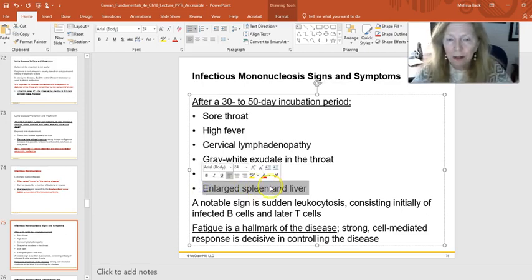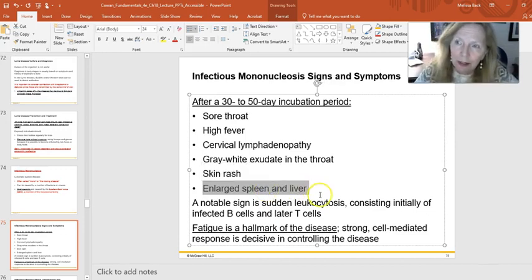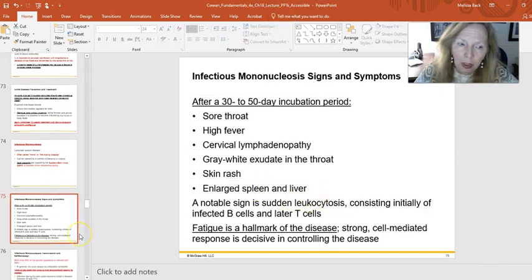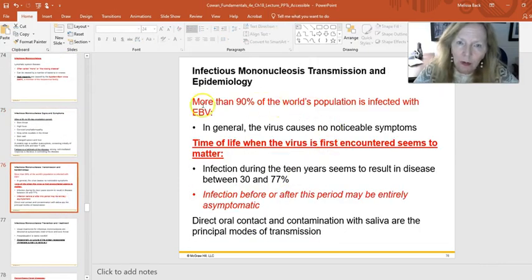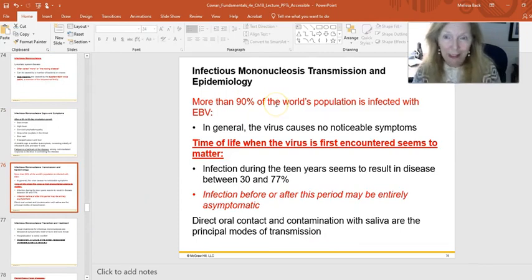You tell them to limit their physical activity, because if they had a fall, or if they were playing sports and somebody bumped them, the spleen can rupture. They tell them to really limit it for a few months. And the liver can be damaged as well, because both can enlarge. So again, most of us had this, and we didn't even have any noticeable symptoms, but if you get infected later, it can cause serious symptoms.